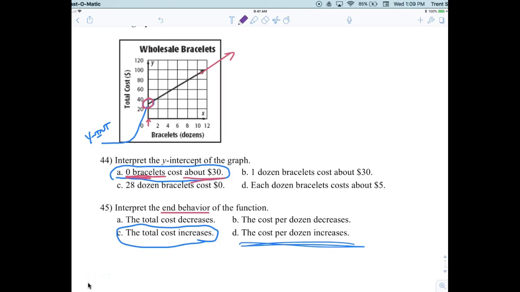The cost per dozen doesn't increase. When you buy something in bulk, the price stays the same. But if you buy 10 and then 20 and then 30, every time you increase your size, your cost is going up. That's why the correct answer is C. Everybody good with that?